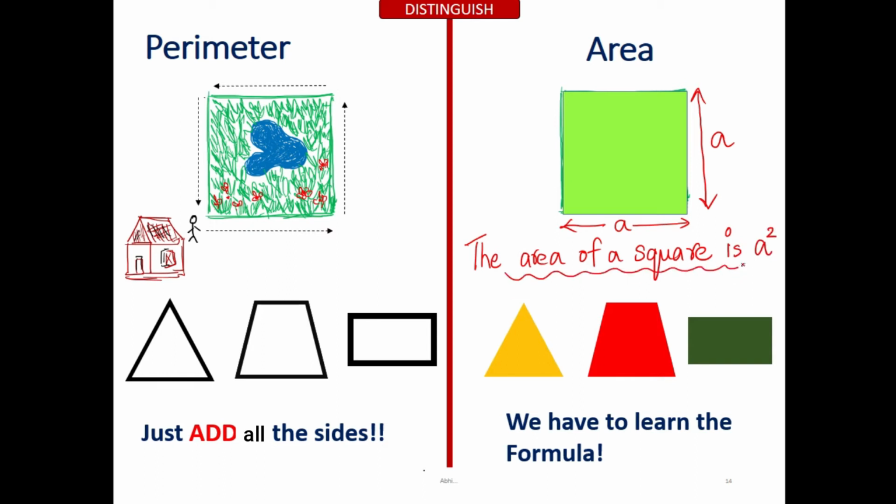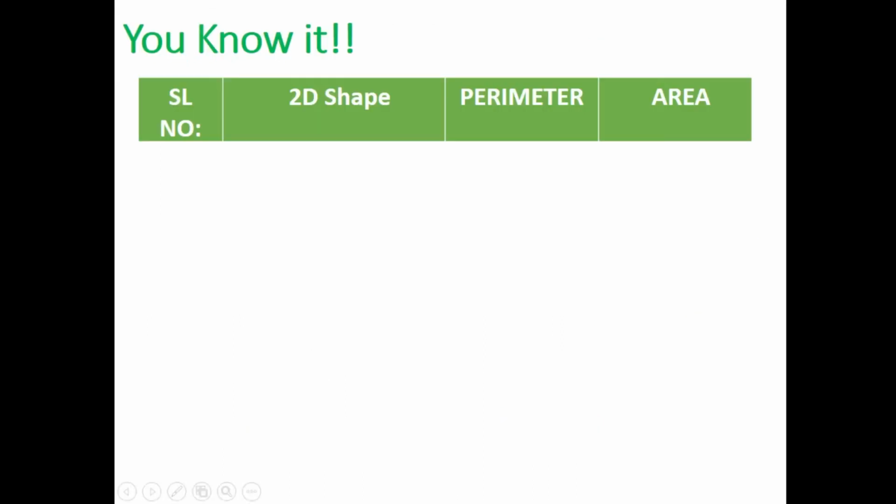I hope that is easy to remember. The area of a square is a square. So you just multiply the sides to find the area. That's easy. Now let's summarize what we have learned.